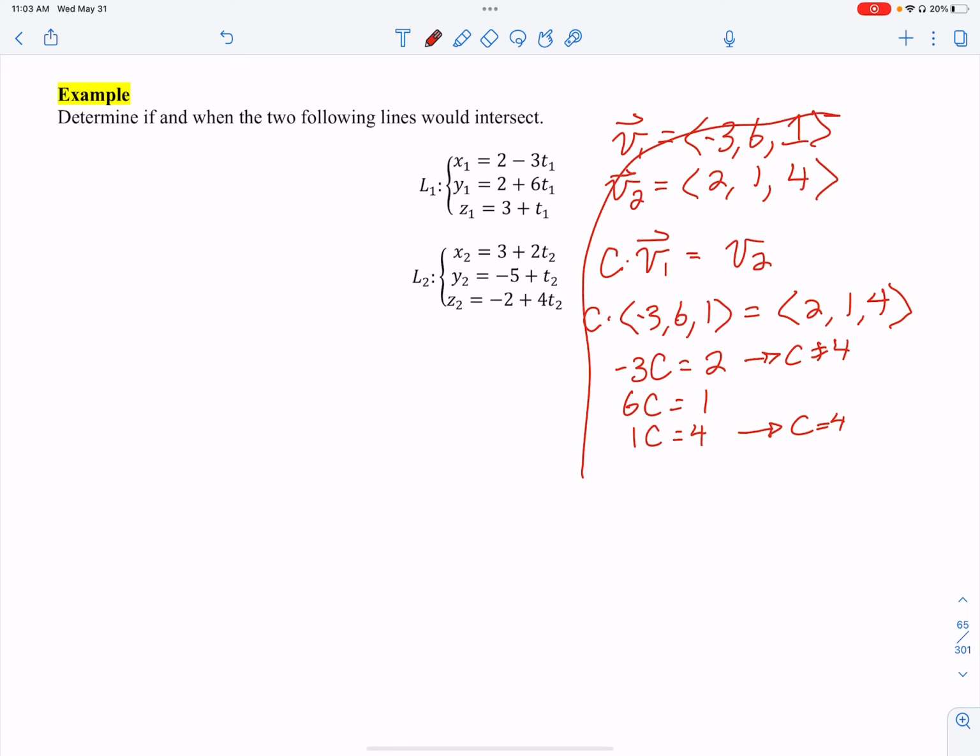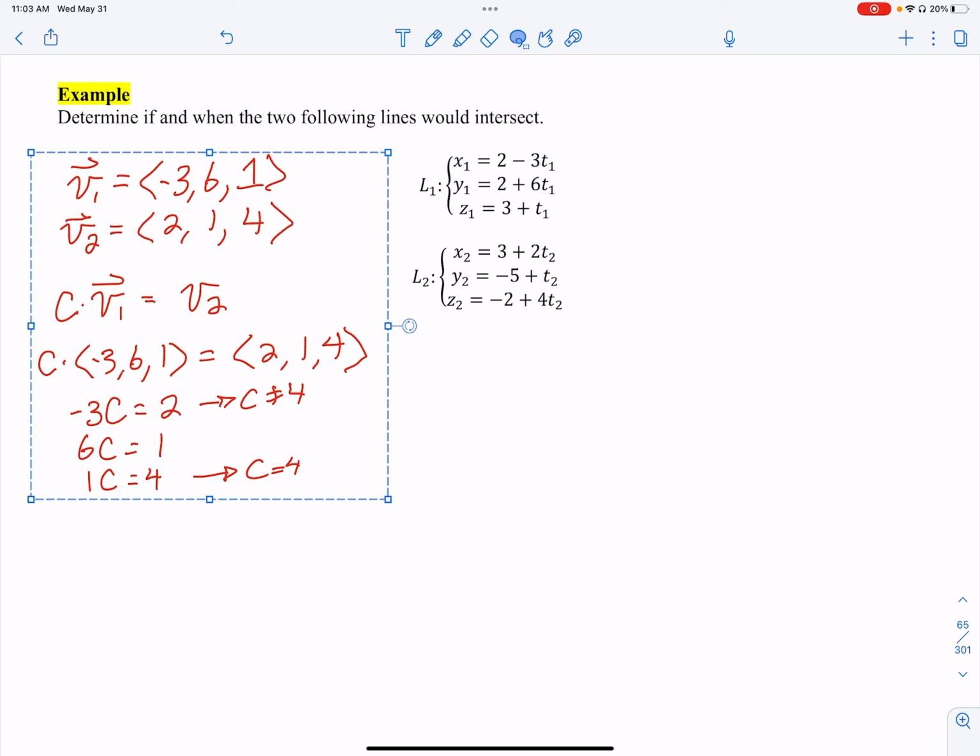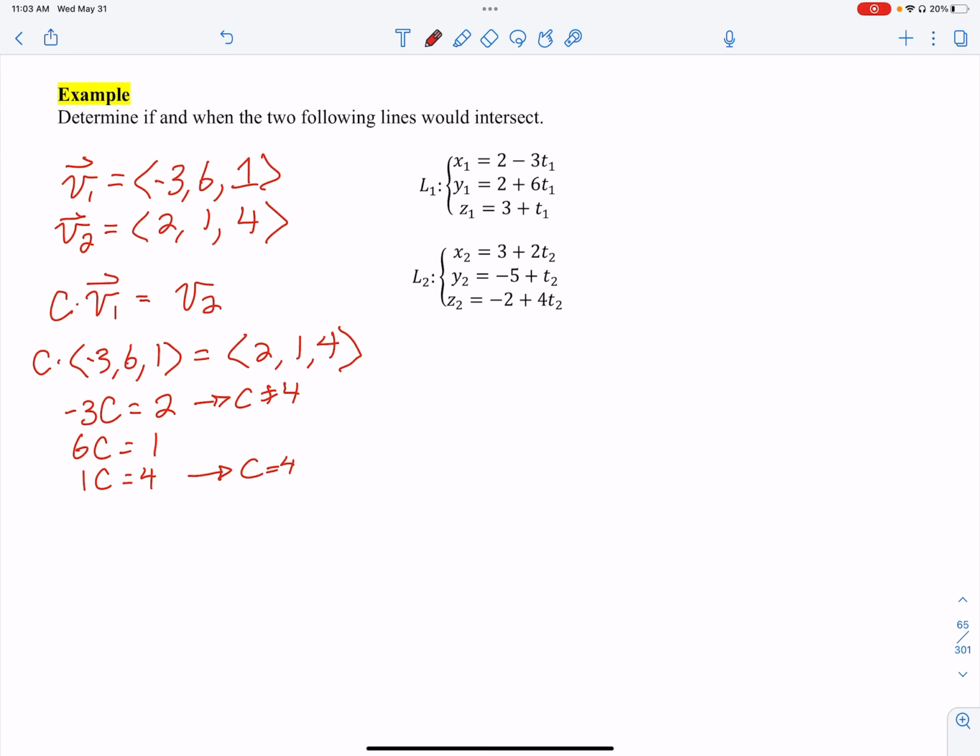That implies that v1 is not parallel to v2, which implies L1 is not parallel to L2. Okay, so we showed that they are not parallel.